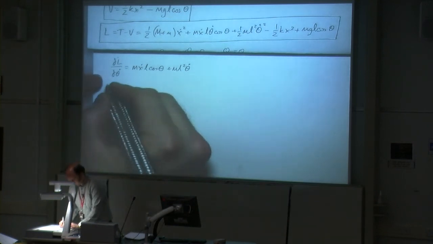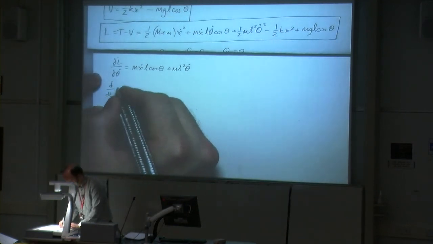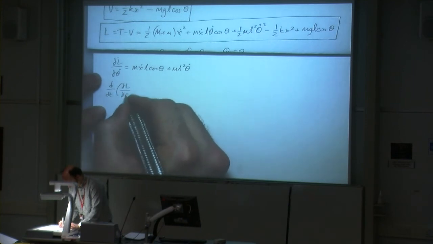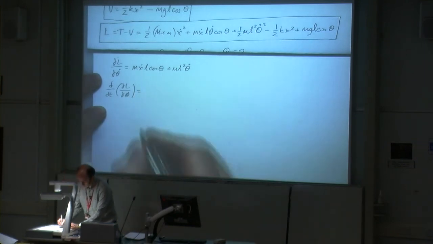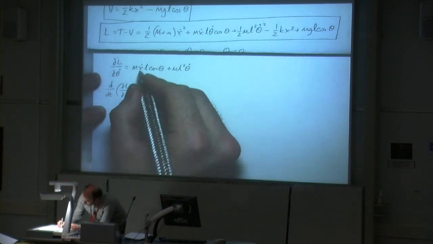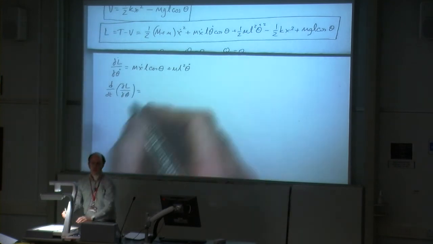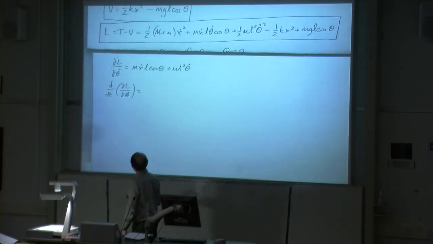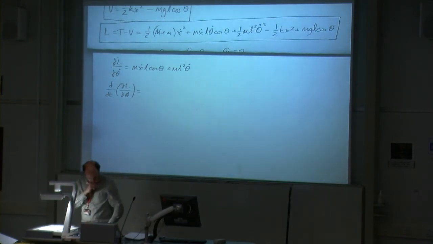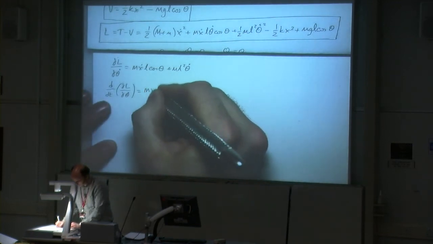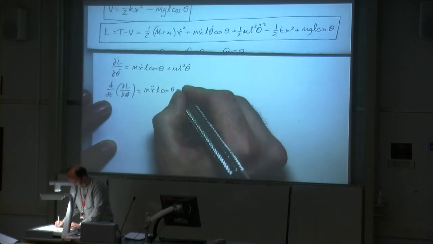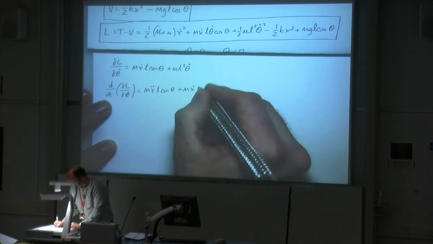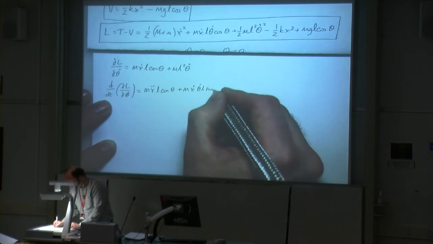We have to take the time derivative of this, d by dt. And so this is, again, a case where x dot is going to change with time and theta is going to change with time. So again, we have to use the multiplication rule. So this is going to be m x double dot l cosine of theta plus m x dot theta dot l sine of theta.